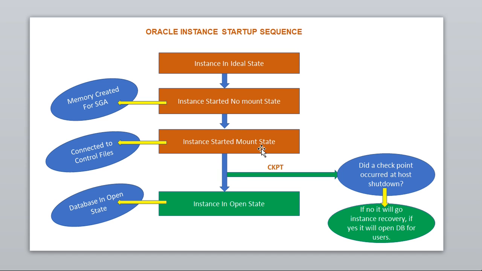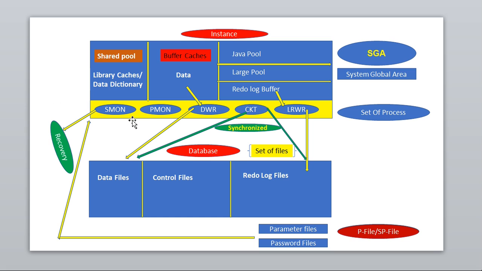Then it comes to the mount state. Mount state means your instance is connected with your control files. If you go to the previous slide, your instance SGA is created, and in mount state the Oracle instance is connected with control files, right?